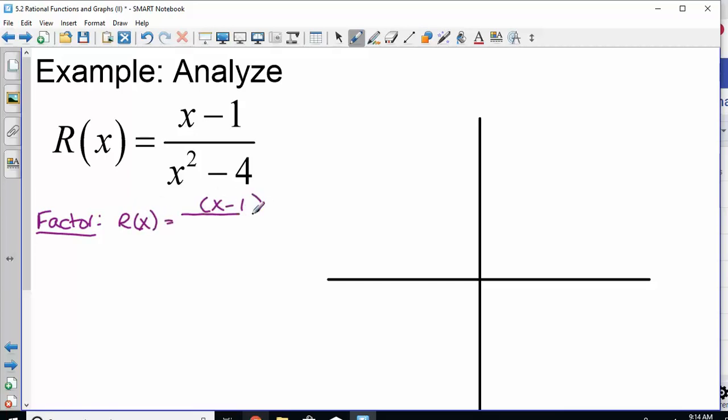X squared minus 4, that would be? Okay. Nothing cancels. Can you guys just look at this and tell me what your x-intercept will be? 1. It's just when the top of the fraction equals 0. So our x-intercept is 1.